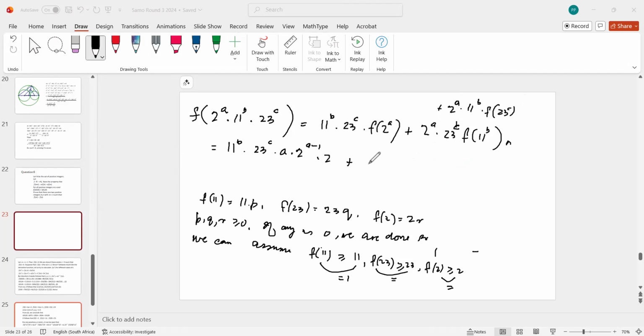Okay, I've got this one here. The second one was 11 to the power of b, 23 to the power of c. And here I have a times 2 to the a minus 1. Oh, I'm looking at the second term now. Sorry, I finished the first term.